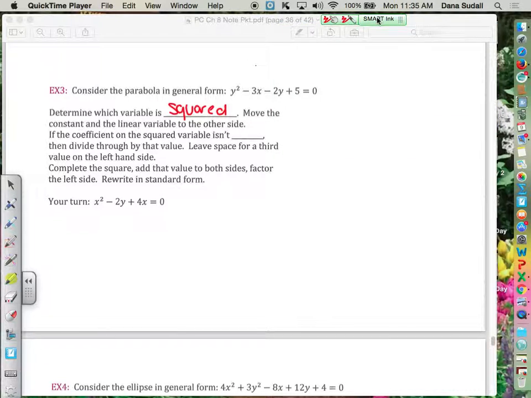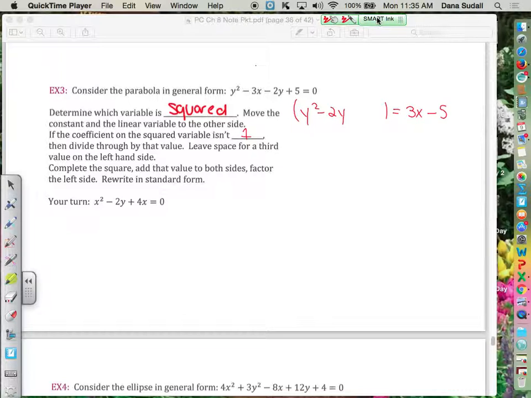Move the constant and the linear variable to the other side. So we'll leave y squared and 2y on the left side. I'll put the 3x and the 5 on the right-hand side. They become opposite. If the coefficient of the squared variable isn't 1, divide through by that value. It is a 1. Leave space for a third value on the left-hand side. And we have space over here.